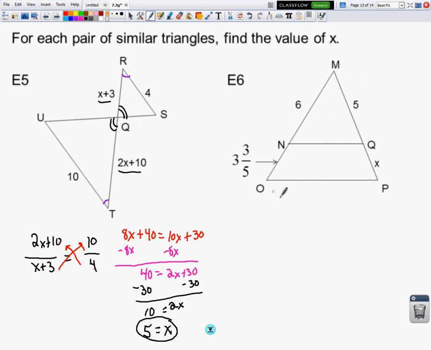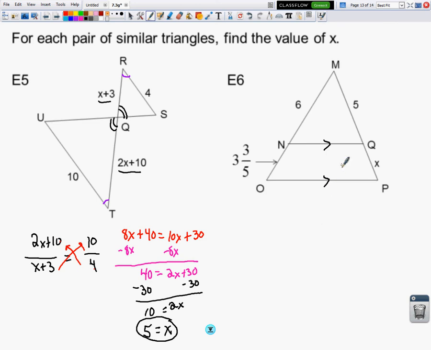Be careful when you're doing a problem like example 6. The two triangles that are actually similar here, and let's go ahead and mark this side as being parallel because otherwise, again, there's not really enough information.